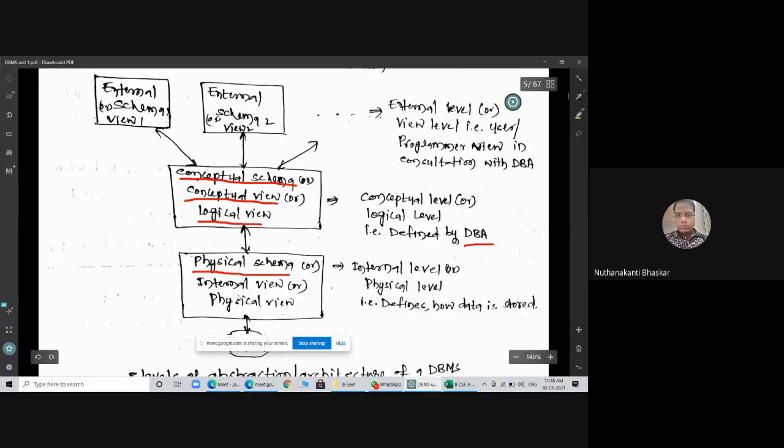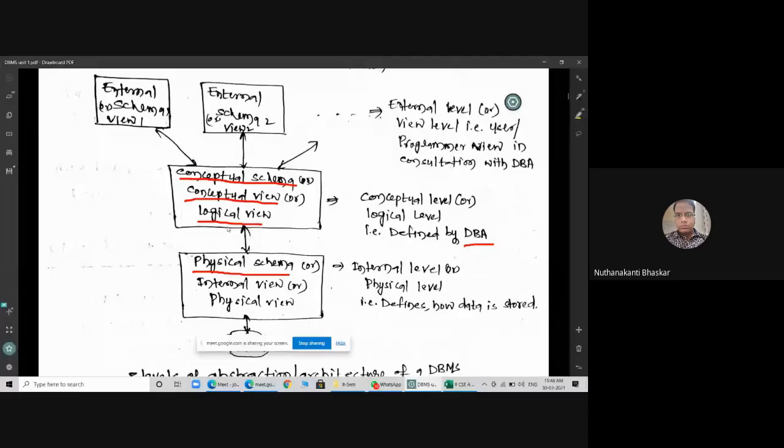Now understand physical schema and logical schema. Everyone clear? Very important, because if we are going to design any database, compulsorily we need to follow these three levels. Based on these three levels only, we are going to implement any database. That will be valid.